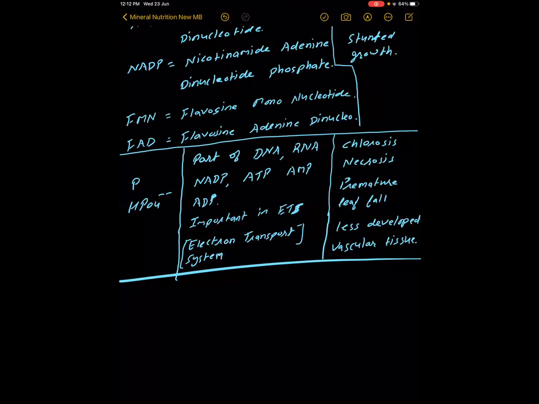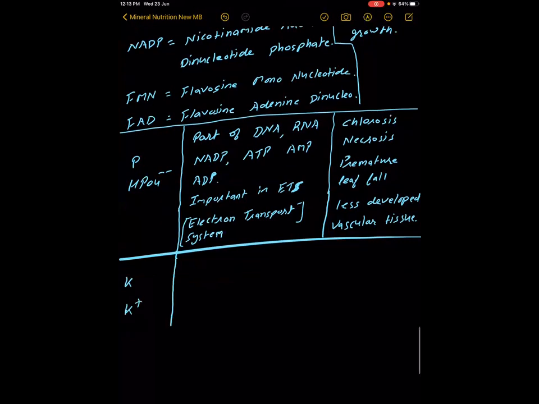Next one is NPK, potassium. It is absorbed by the plant as potassium ion, K+. So what are the functions? Here are some important functions of potassium. First of all, opening of stomata, or you can say movement of stomata, opening and closing.